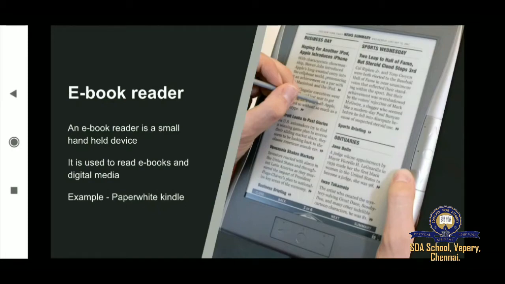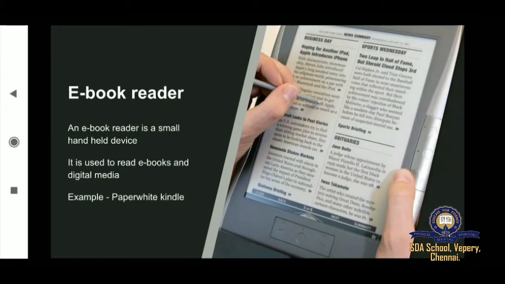Example, Paperwhite Kindle. You would have seen Kindle on Amazon. If you pay money for a Kindle, whatever books are released in e-format can be used on it. So Paperwhite Kindle is one example of e-book readers.